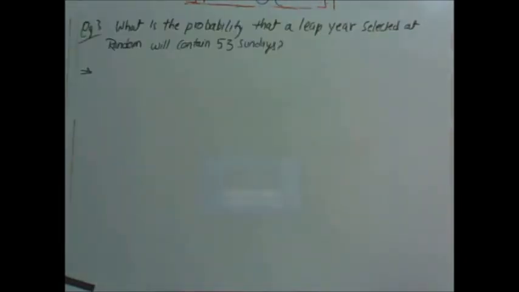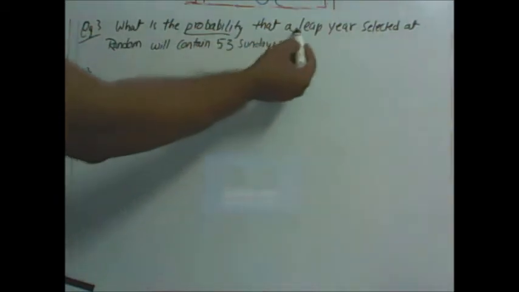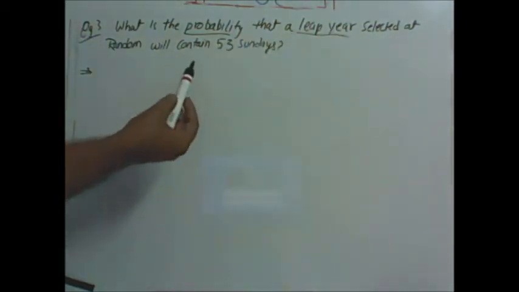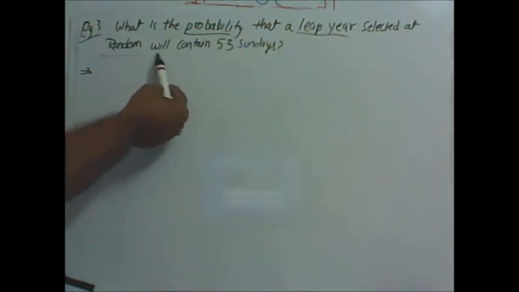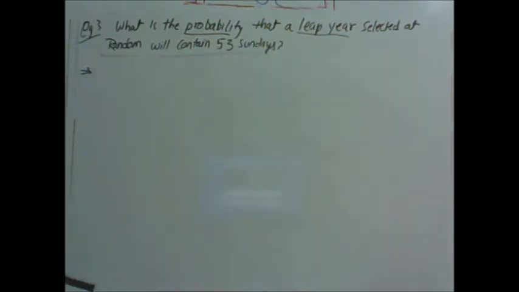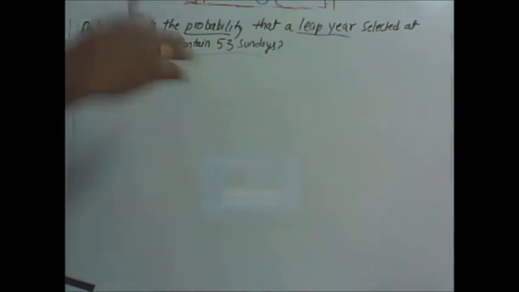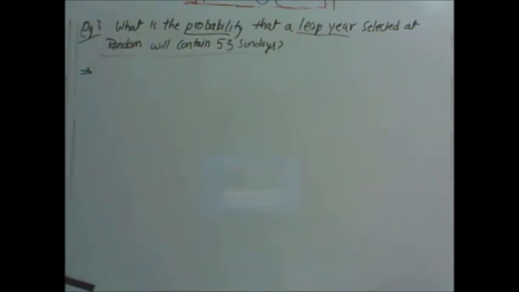In example 3, he is asking what is the probability that a leap year selected at random will contain 53 Sundays. We can choose any leap year at random. We will not say it is 2016 or 2000; it can be any leap year.